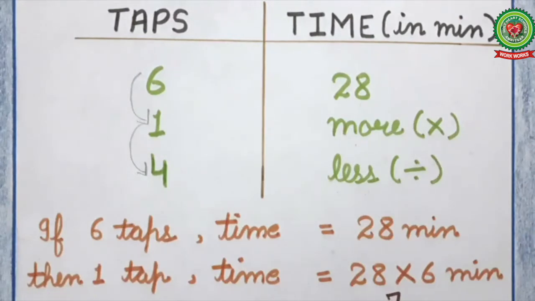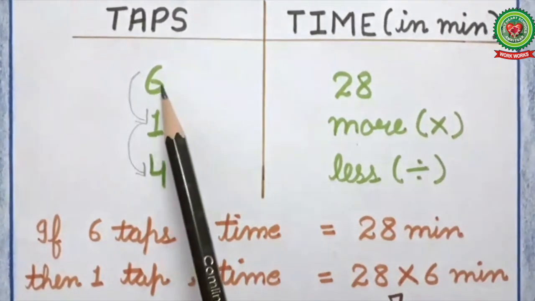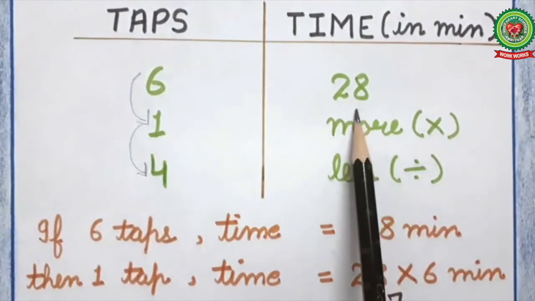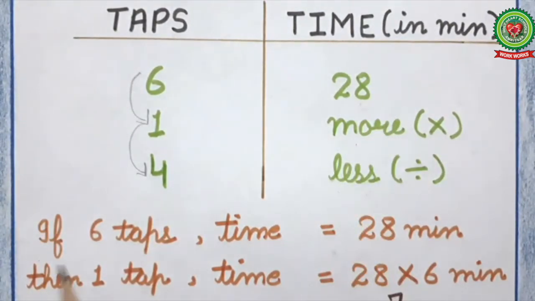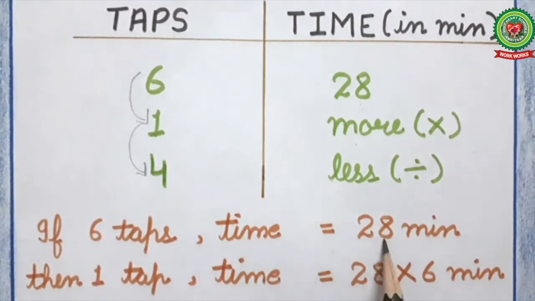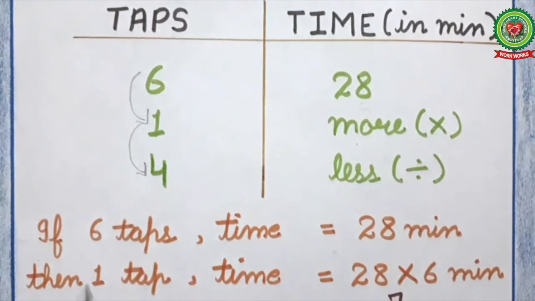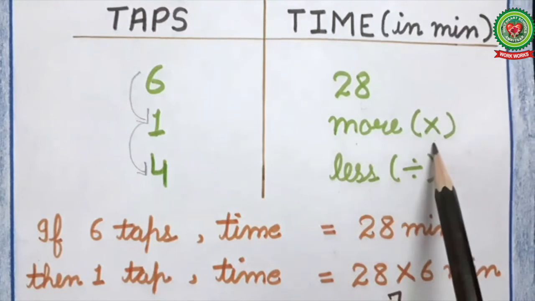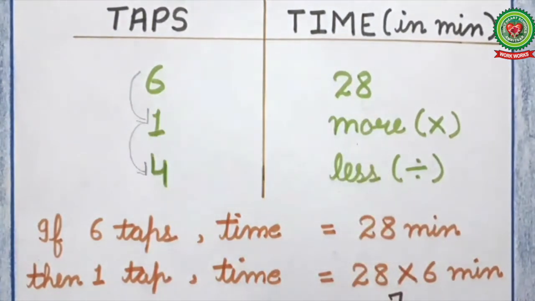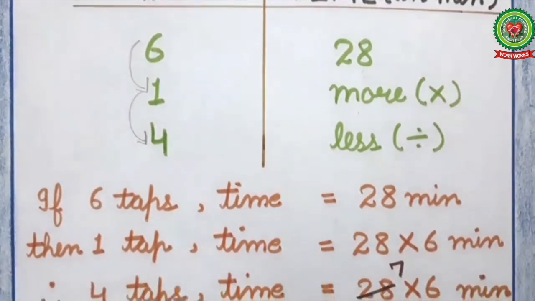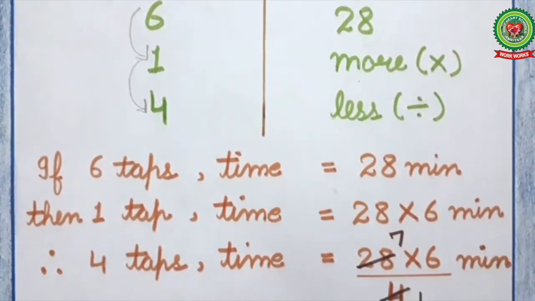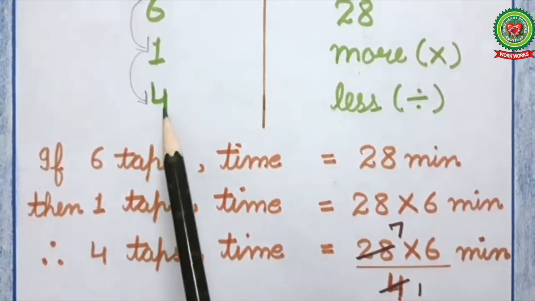Now let's start with the calculation part. Here we have 6 taps, time 28 minutes. So if 6 taps, time is equal to 28 minutes, then for 1 tap we will get the time by multiplying 28 by 6: 28 multiplied by 6 minutes. After that we need to find the time for 4 taps.